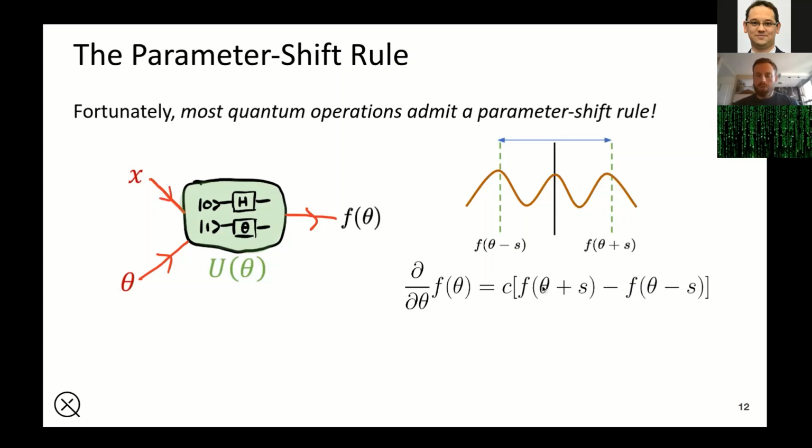Now, just elaborating on this idea, what we are doing here is that we are shifting the theta parameters into the negative direction with some shift s, and into the positive direction with some shift s, doing arithmetics, and at the end, multiplying the result that we get with a certain constant value.